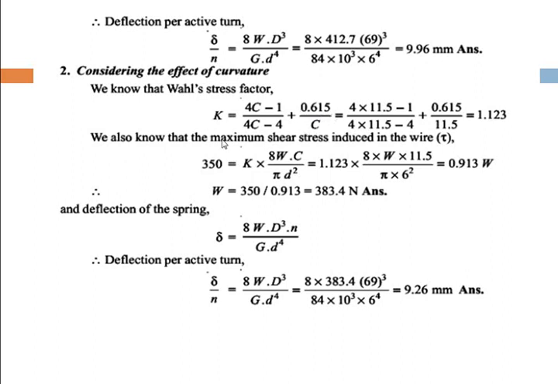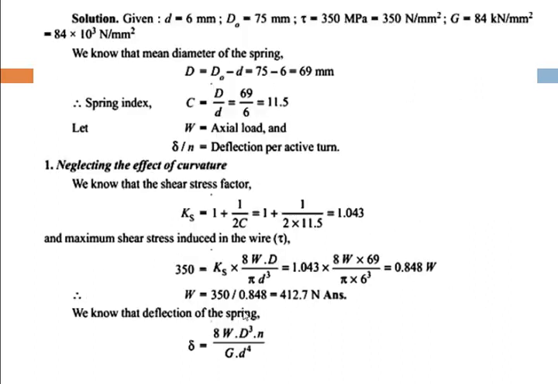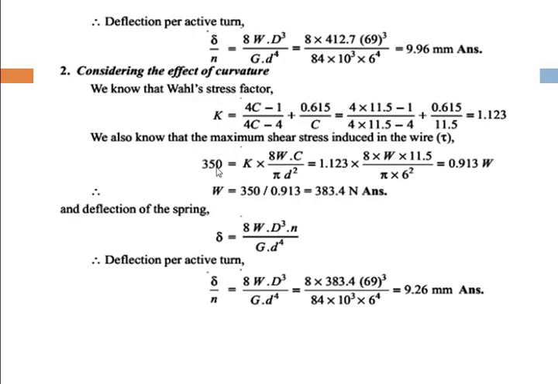By using this, we calculate the K value, 1.123, and now we have to find out the W value in a similar way, using the relation tau is equal to K into 8WC by pi d square. We substitute all the values, this term will be in terms of W, and tau value is already given, shear stress 350. Then we can find out the value W, which is 383.4 newtons.